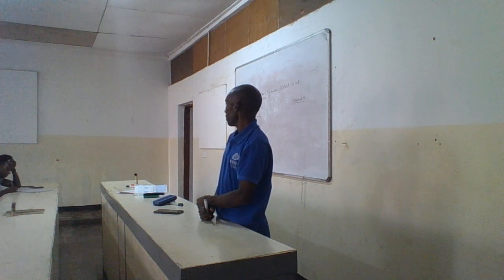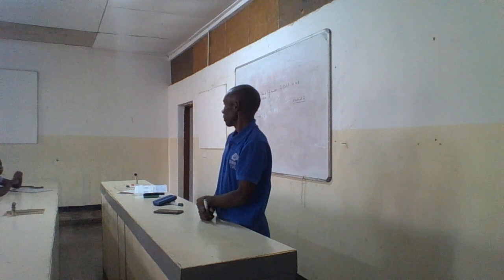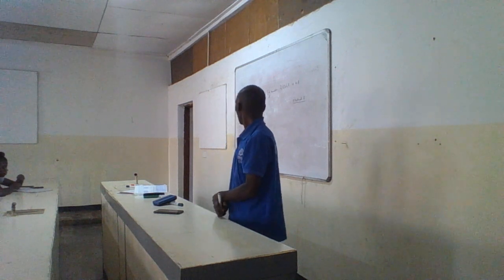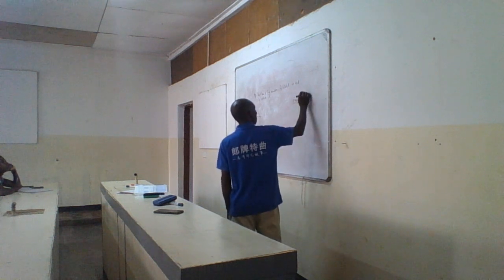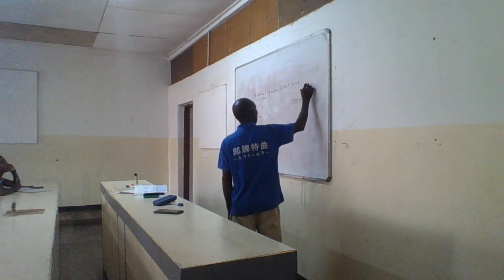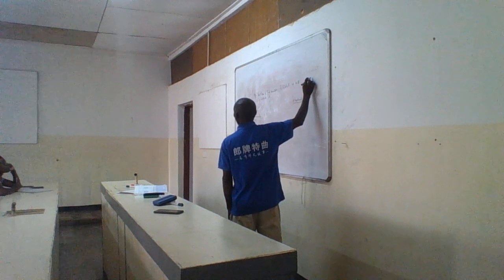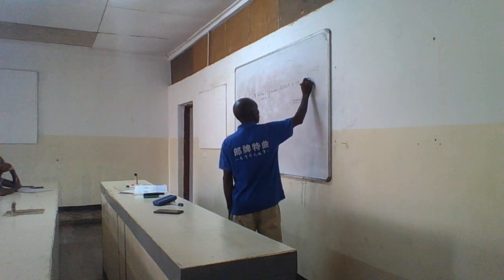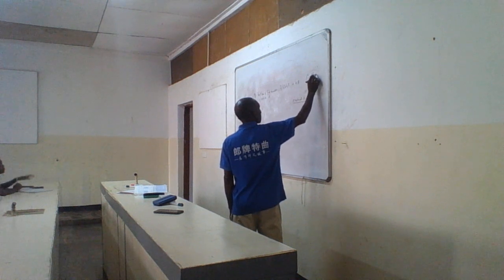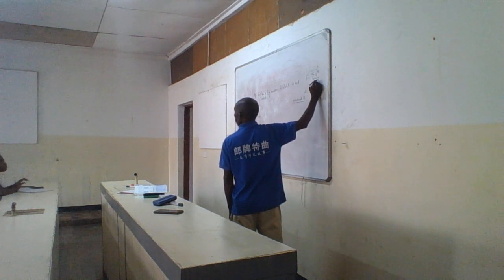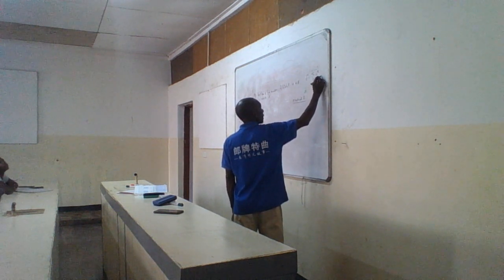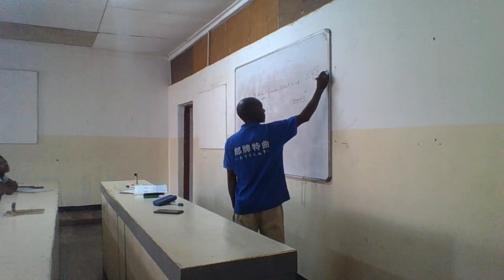Let's do method number 2. Method number 2, what we are saying, it was something like this: sum of x squared over n minus x bar squared.